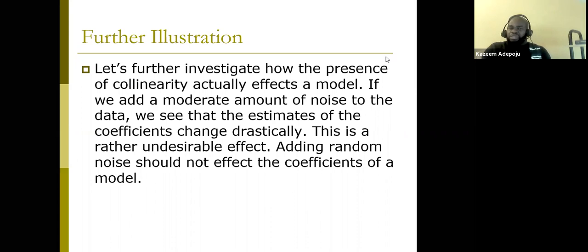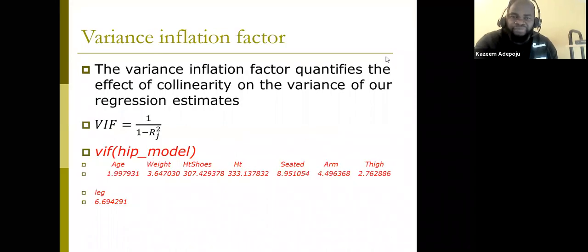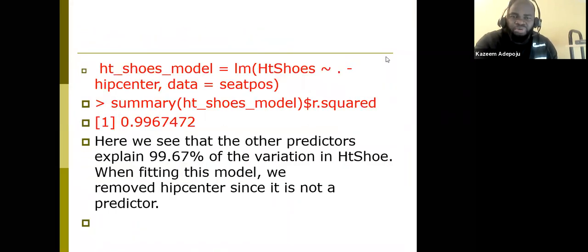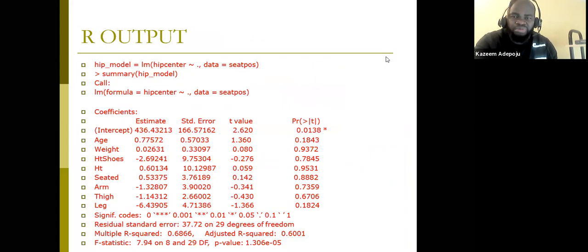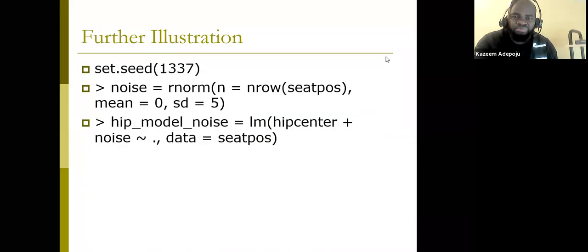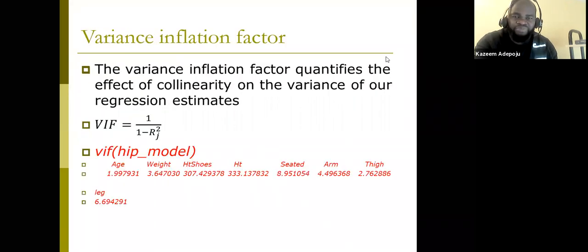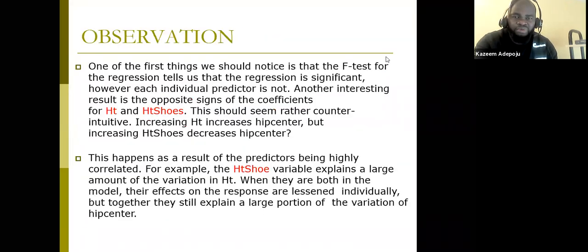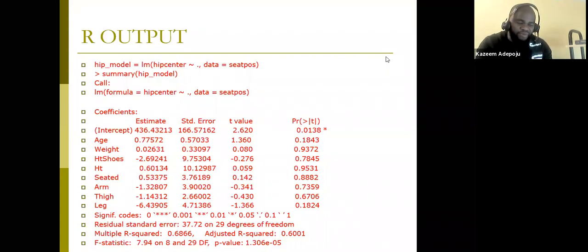Now, let us see whether the estimate is going to change. Take a look at what I have before. These are the coefficients and estimates that I have before, right?